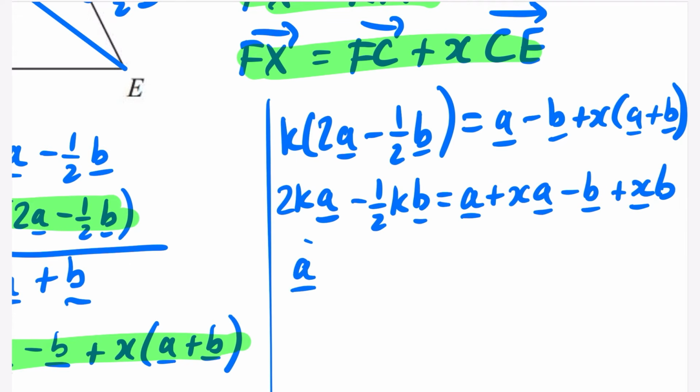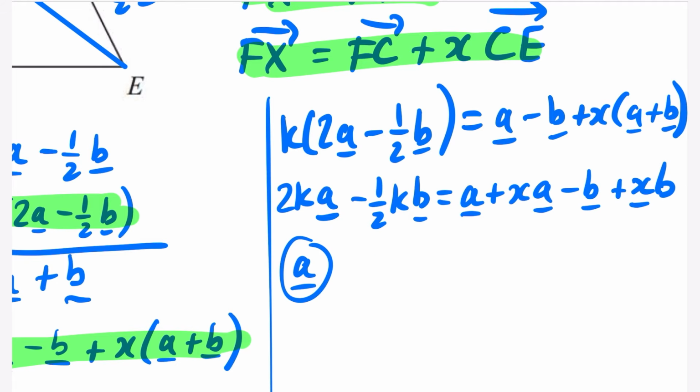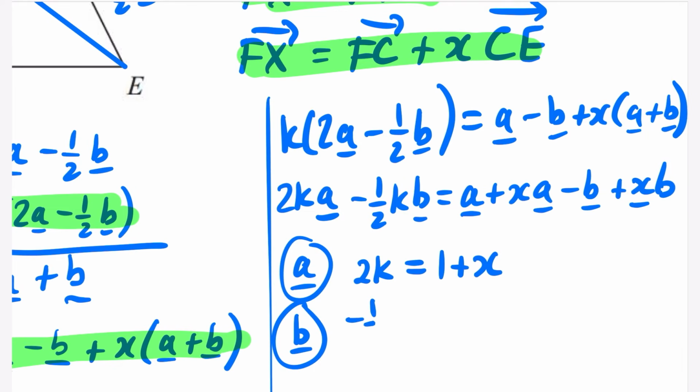Now when I compare the a parts, on the left hand side I have 2k, and on the right hand side I get 1 plus x lots of a. When I compare the b parts, on the left hand side I get minus a half k, and on the right hand side I have minus 1 plus x, lots of b.